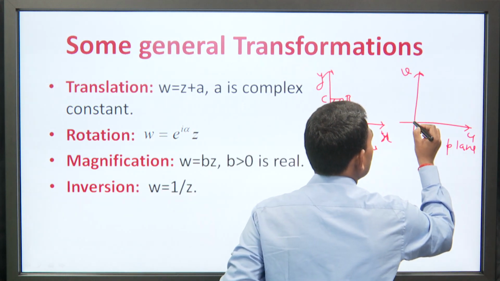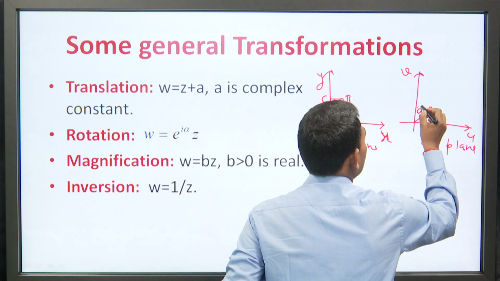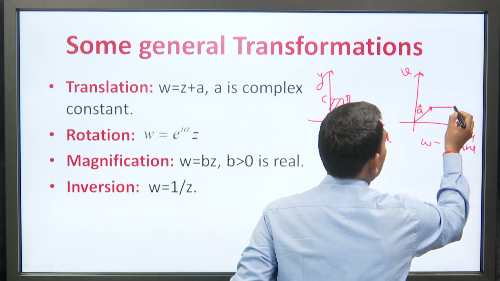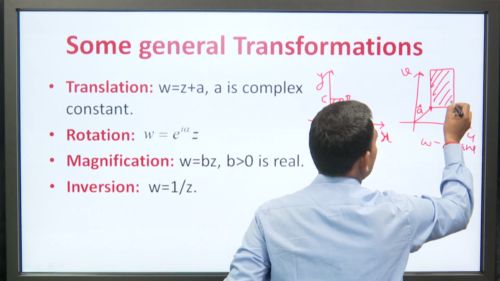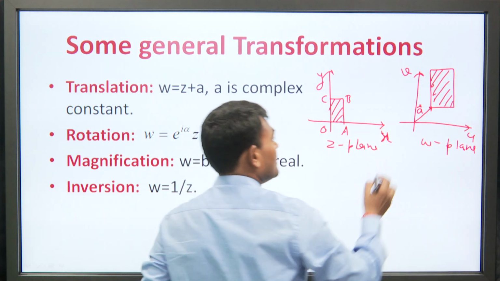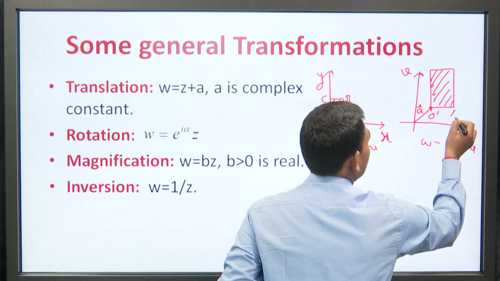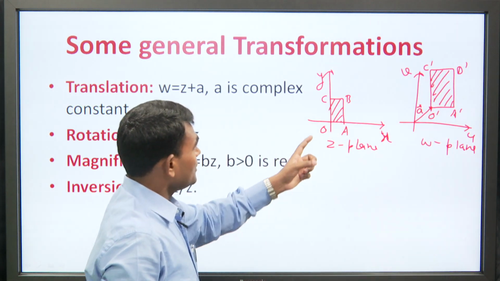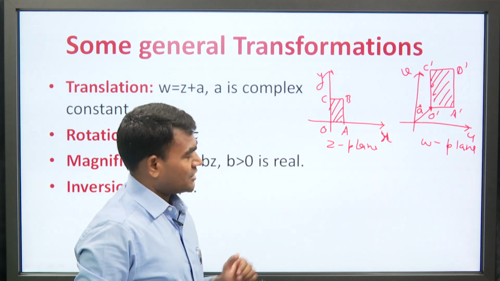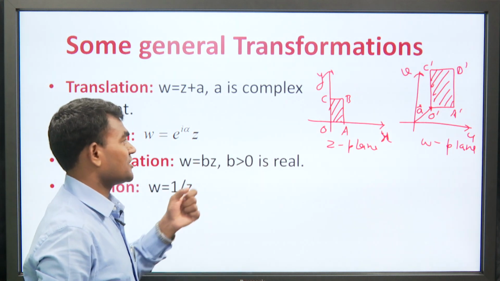Suppose this is vector A, then your region will be here in this way. You can find this region by the mapping very easily. These are O', A', B' and C'. In this way this transformation is known as translation.